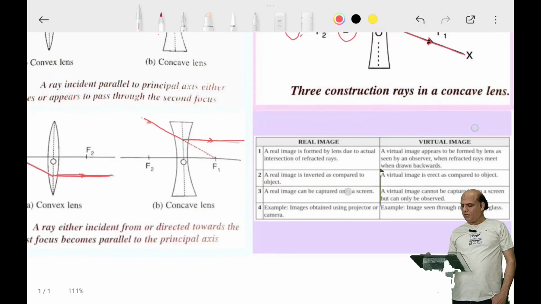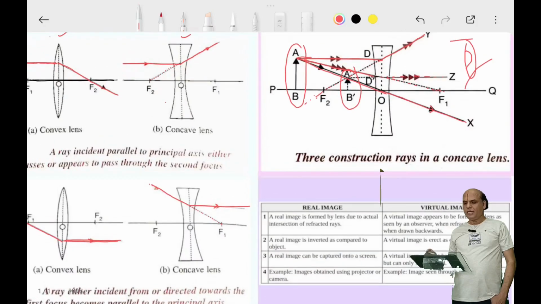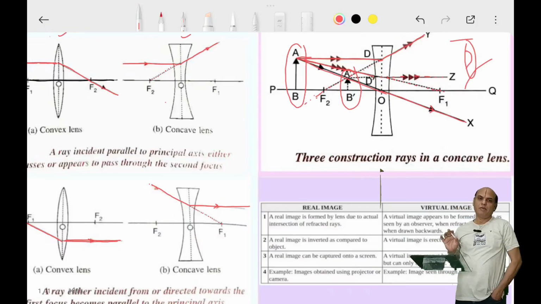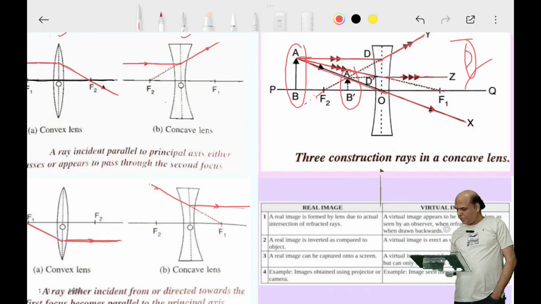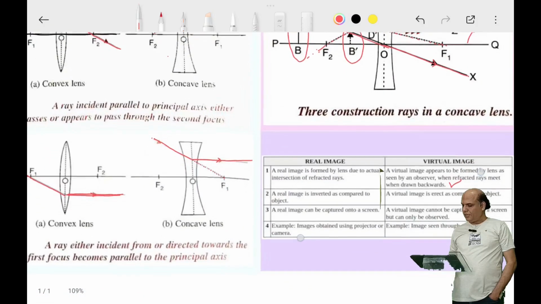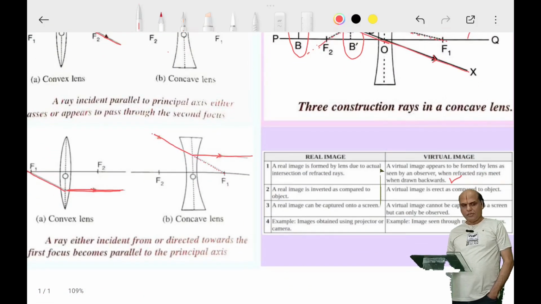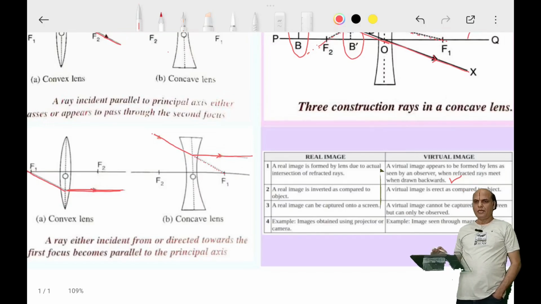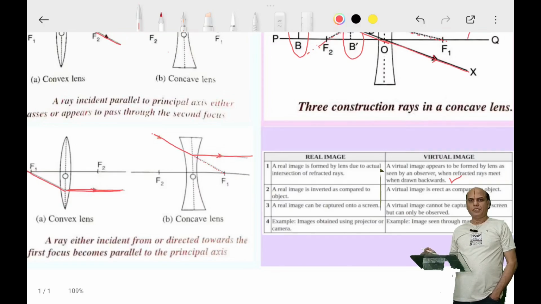Whereas in case of a concave lens, the refracted rays never meet at a point, but they appear to be emanating from a point where the image appears to have formed virtually. So such a virtual image can only be observed but cannot be captured on a screen. So in case of a virtual image, there is no actual intersection of refracted rays. Then the second point is a real image is inverted, whereas a virtual image is erect.